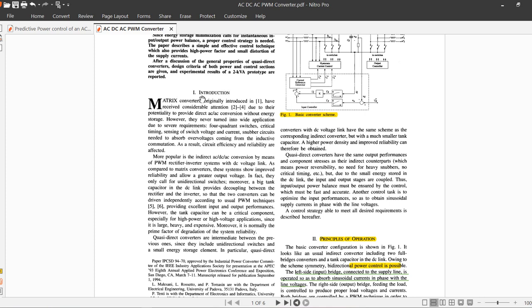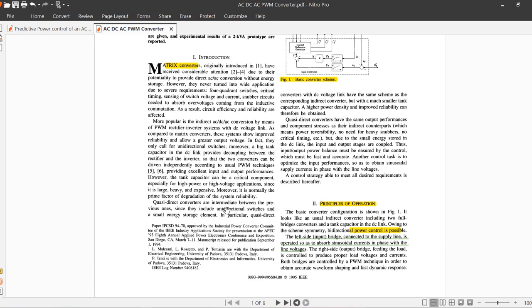The first step is the introduction. You see the matrix converter, and then they introduce the control strategies. The quasi-direct converter has the same output performance and component stress as its indirect counterpart, which means power reversibility and stability, no need for a heavy snubber, and no critical timing.